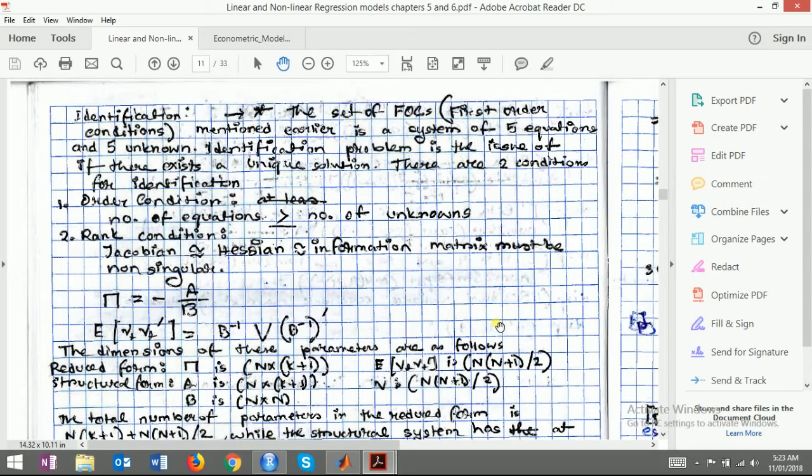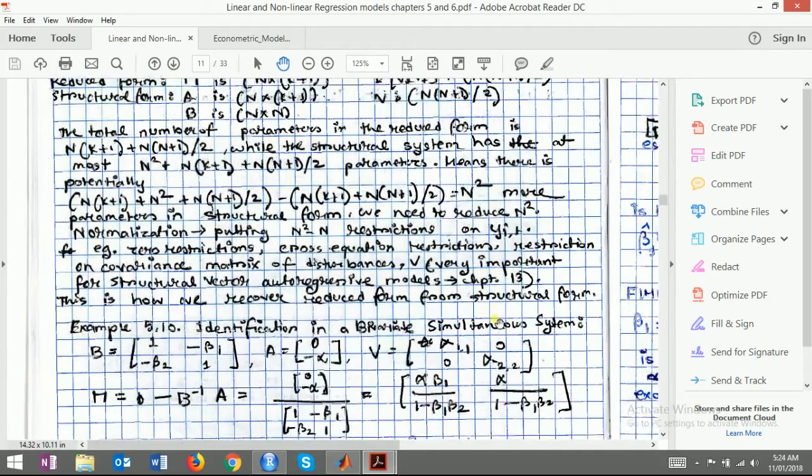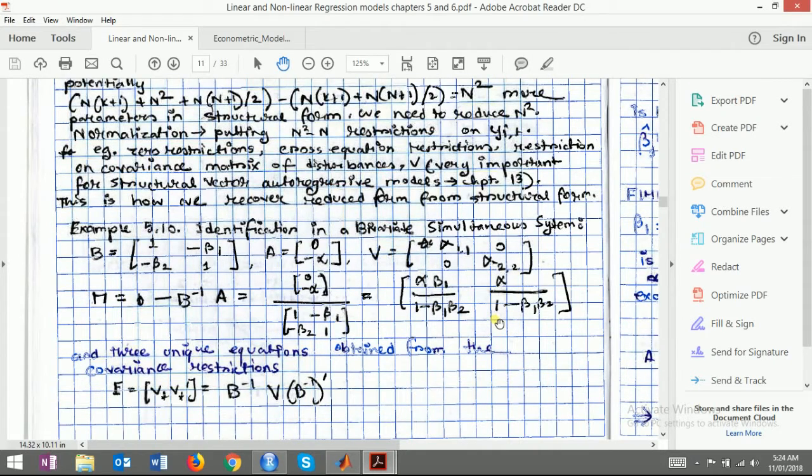Example 5.10, identification in a bivariate simultaneous system. So B is already known to us, which is 1, minus B1, minus B2, 1. A is 0, minus alpha. V is a diagonal matrix, the variance covariance matrix is a diagonal matrix.